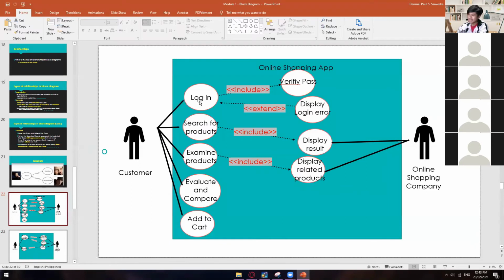Here we have login, and as you can see, we have relationships to verify the password and display login error. Once you log in, it's mandatory that you verify the password first, or the user information being inputted. If it's correct, it will not give you an error.